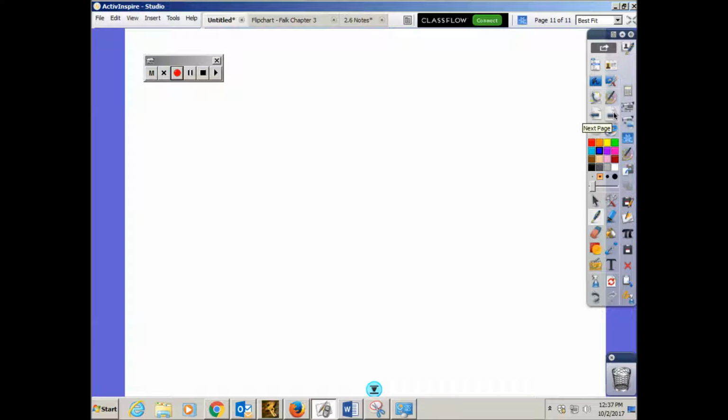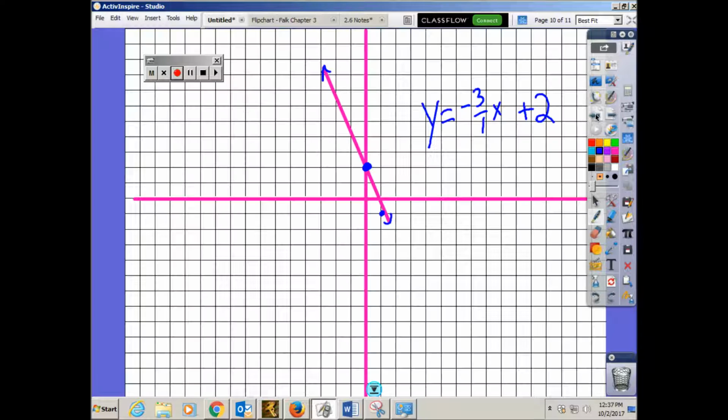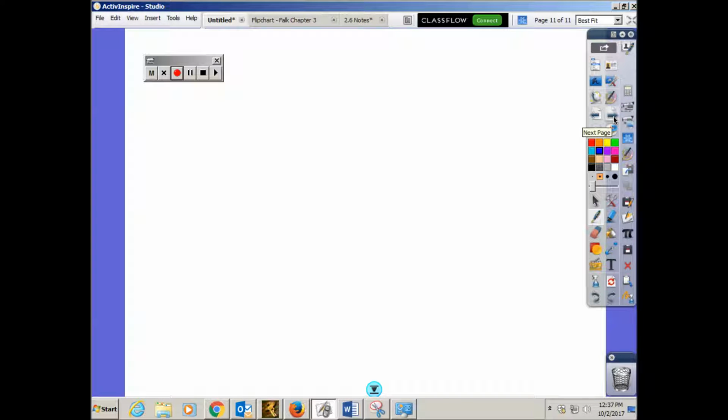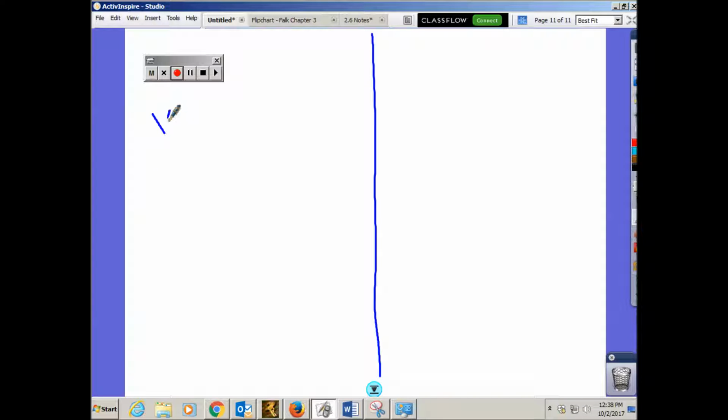So now the next thing you were asked to do, you have the equation everybody should have on their paper. Point slope equation 1, point slope equation 2, correct? So you're going to help me remember these, because now I'm going to write them over here. What was point slope equation number 1? y minus 2 equals -3, parentheses, x minus 0, parentheses.